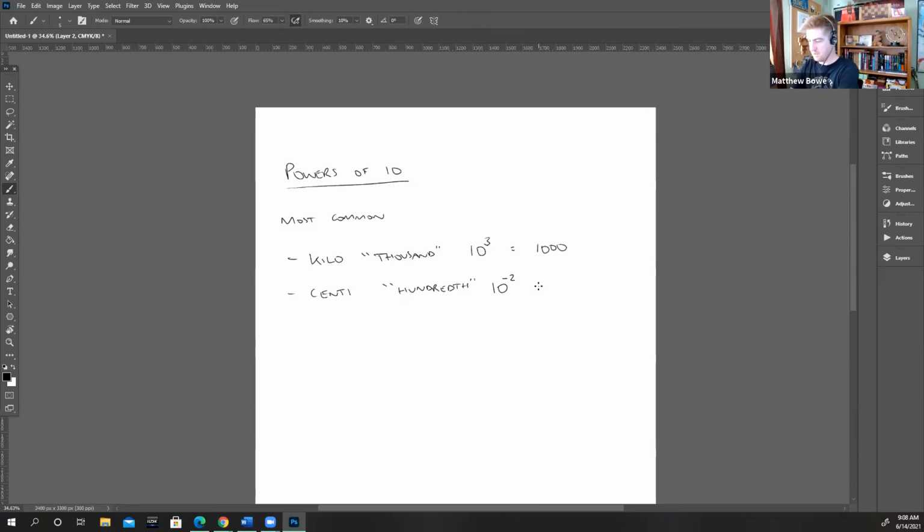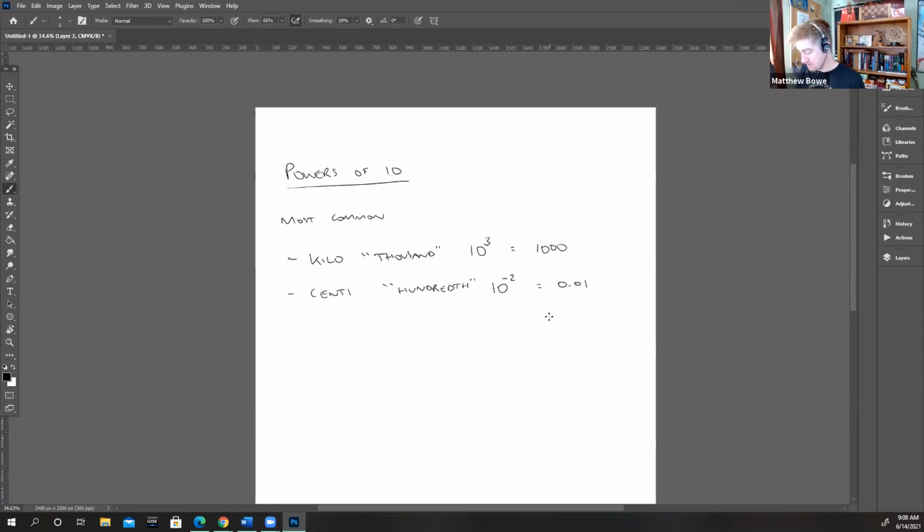Now, centi, when you think of this minus 2, it's smaller than 1. Whenever there's a minus in the exponent, you think of it as this thing is progressively getting smaller and smaller. But that is 0.01.